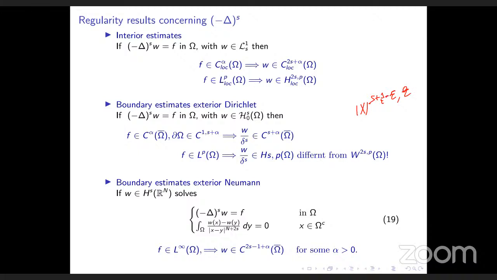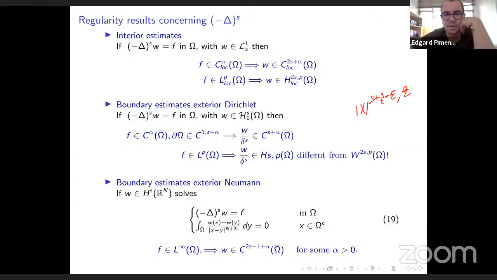And this 1/2 minus epsilon is kind of optimal because of the explicit solutions that you can get when you consider a ball. Did I answer your question?